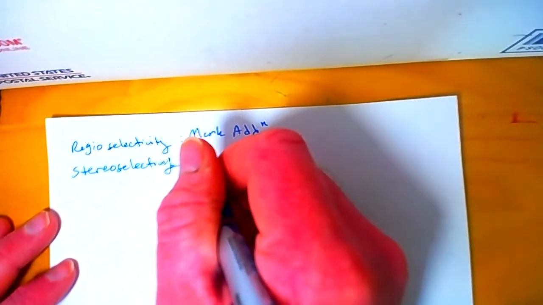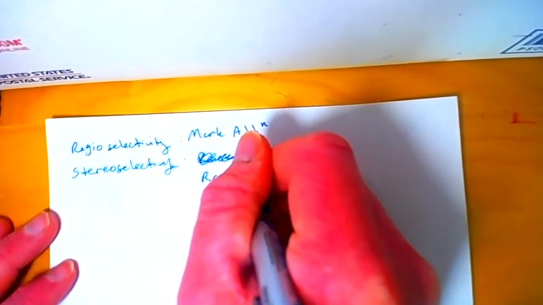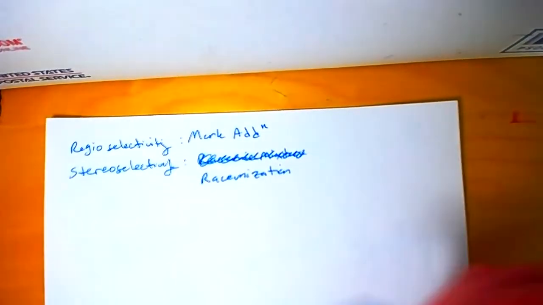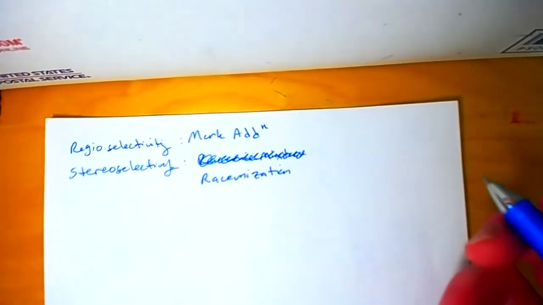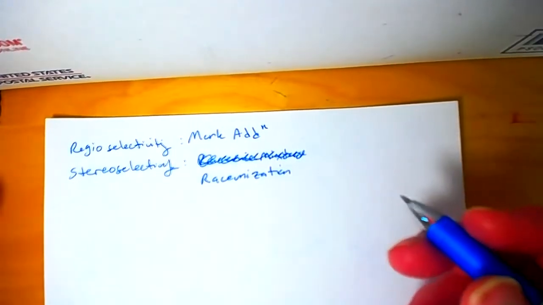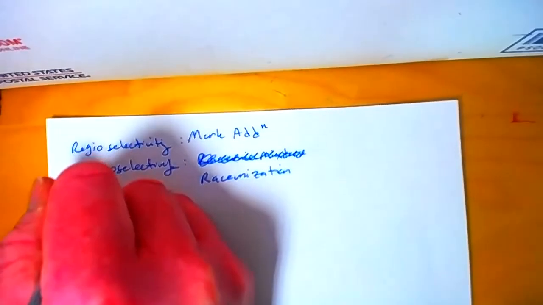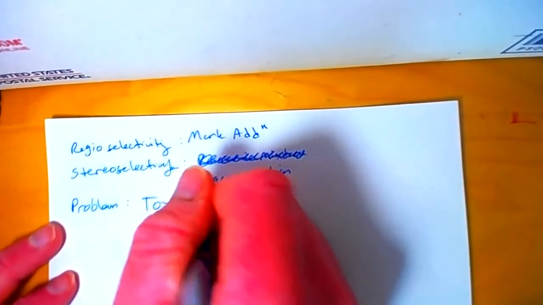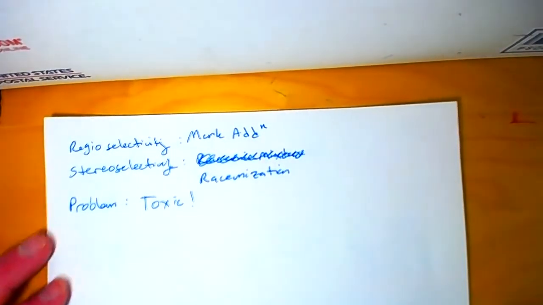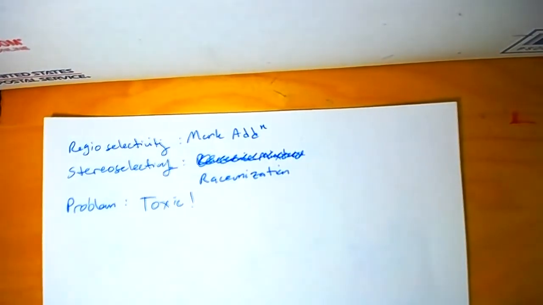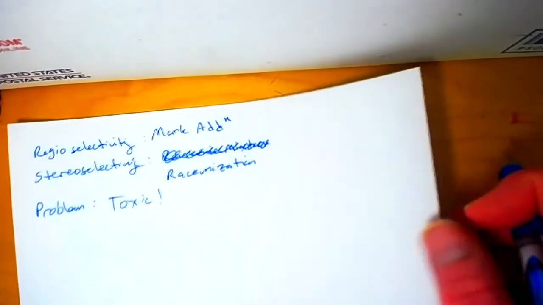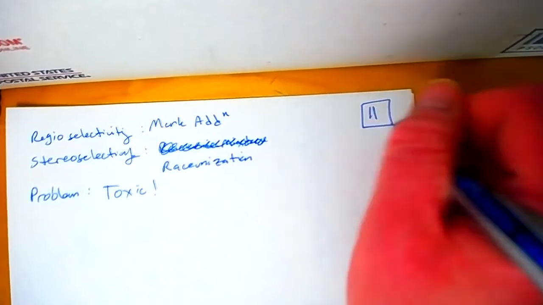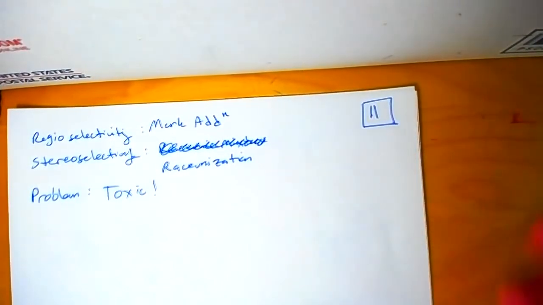It'll be a mixture of diastereomers, so let's say racemization. Really, you're not getting any selectivity for one stereoisomer or the other. But there is a huge problem with this entire process, and that problem is that this is an extremely toxic reaction. Organomercuries are very, very deadly, and so this reaction is somewhat problematic because of that.